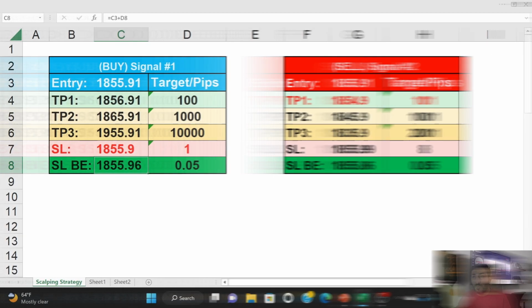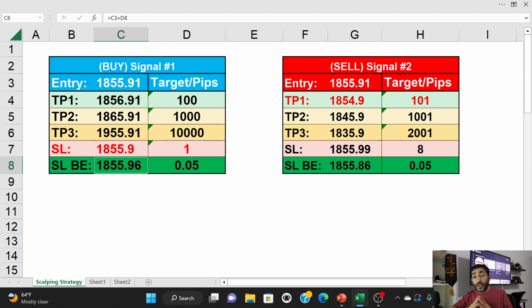So the price will be 1855.96. Now guys, you are trading with other brokers, and unfortunately the market makers don't allow you to move your stop loss to profit after the price moves 5 pips. However, the broker which we are trading with allows you to move your stop loss after the price moves 5 pips in your favor.